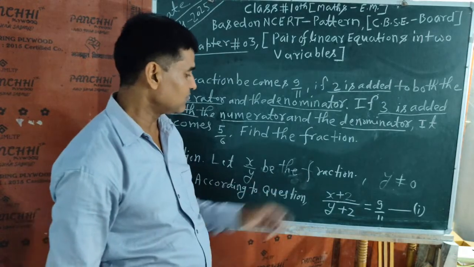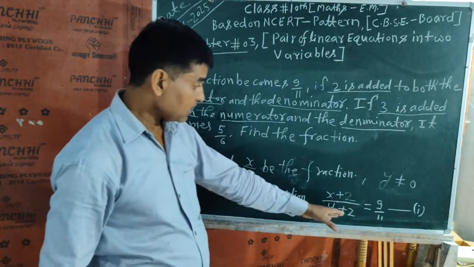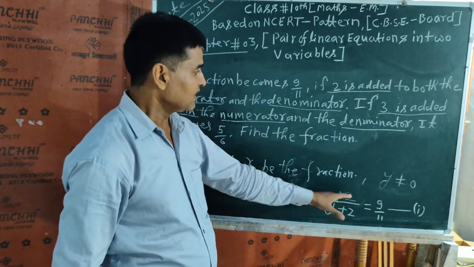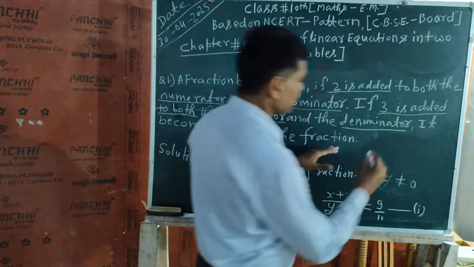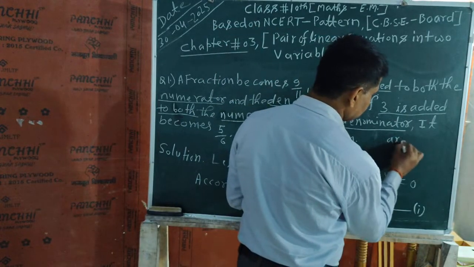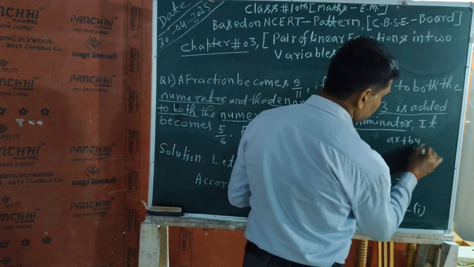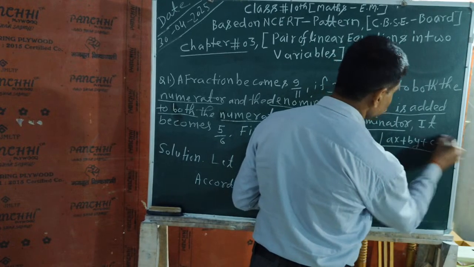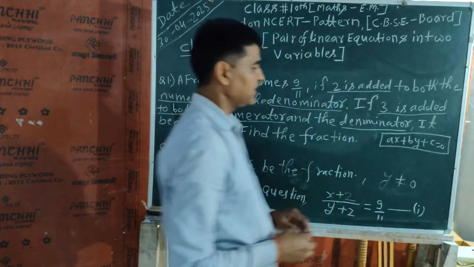That linear equation I am going to solve. After solving I will write it in general form. The general form I can say is ax plus by plus c equal to 0. This is a general linear equation in two variables x and y.